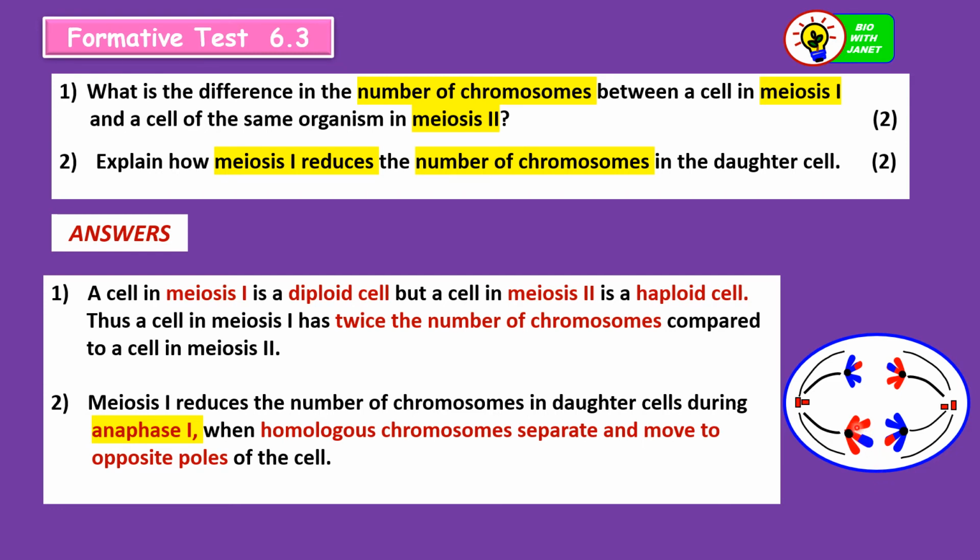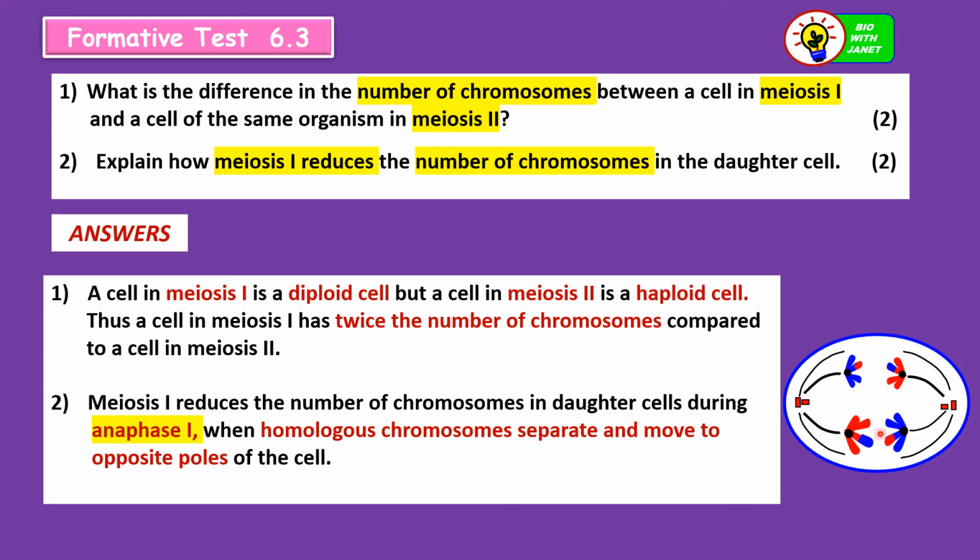So anyway, if you look at this cell, it has now one longer chromosome and one short chromosome. So it is already a haploid cell. The number of chromosomes has been halved to 2, one long chromosome and one short chromosome, compared to the original diploid cell that has 4 chromosomes.